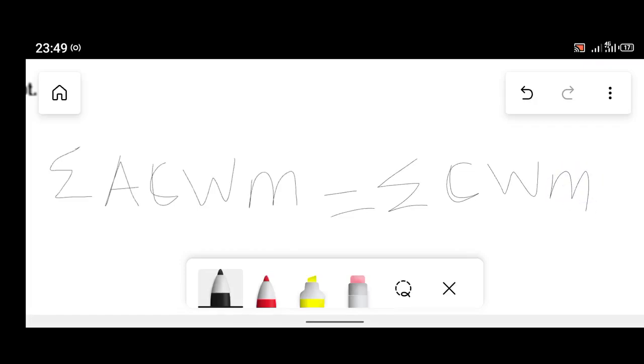Okay, so here we're going to look at the diagram. That's where we're going to get our data.